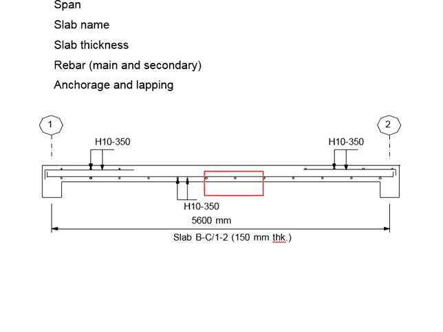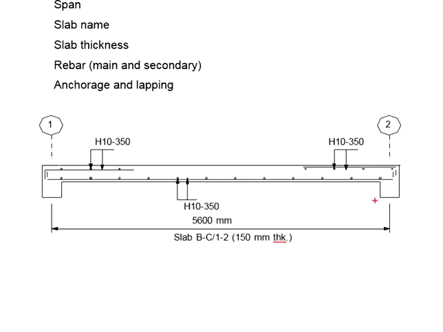When your bottom reinforcement bar is arranged in this manner, your top reinforcement bar should be arranged in this manner. Now, if your bottom reinforcement bar is arranged in this manner, your top reinforcement bar should be arranged in this manner. It is basically symmetrical at the center of the slab.